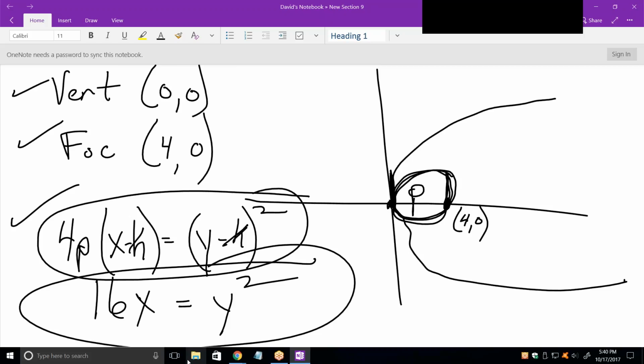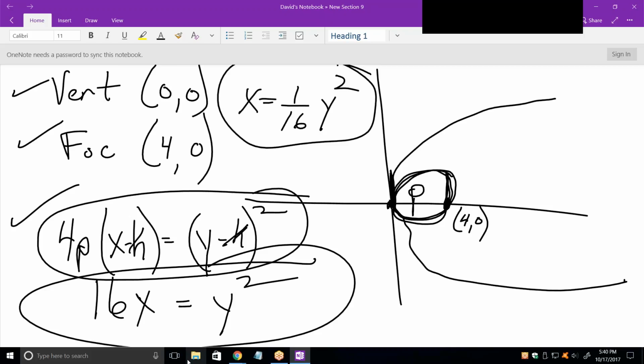So is that the standard form? 16x equals y squared should satisfy their answer. You could also write x equals 1/16 y squared. They may prefer that, but they're the same thing.